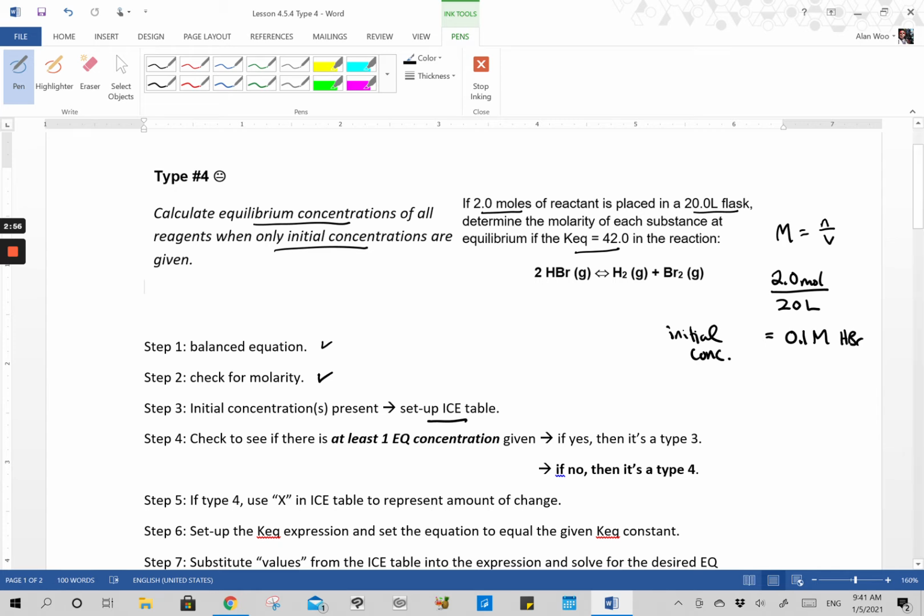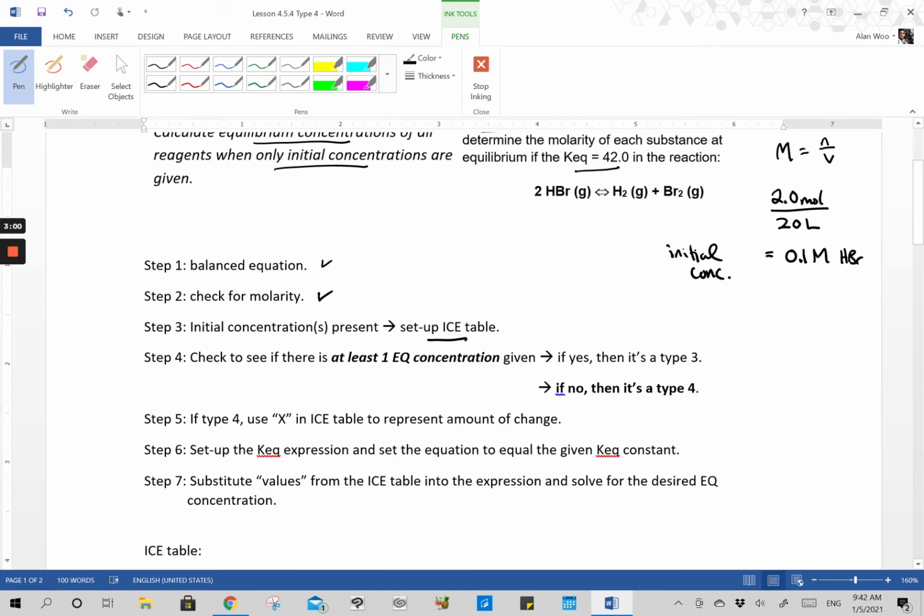Once you realize you have to set up an ICE table, you go to step 4 and check to see again if you have an equilibrium concentration given. If you actually do have an equilibrium concentration given, then you have a type 3, so you just go back to the procedures you did for type 3. But because we don't have an equilibrium concentration given, we have a type 4.